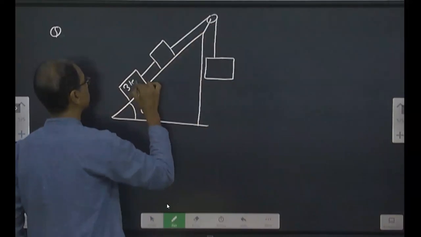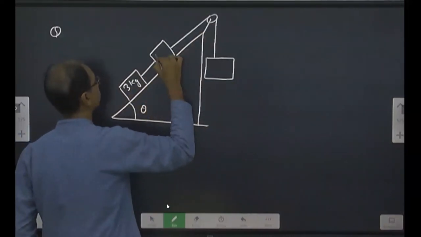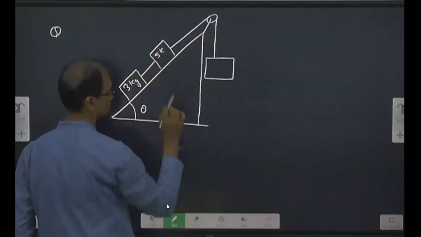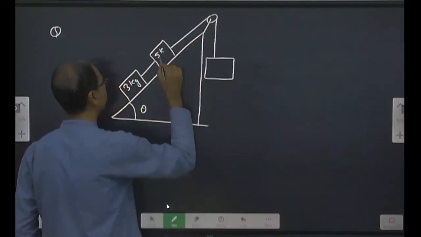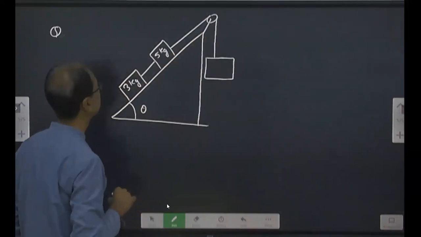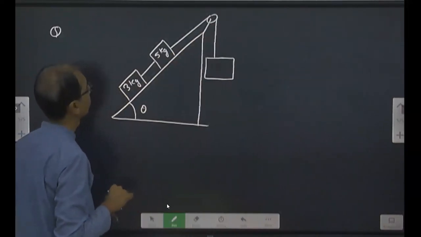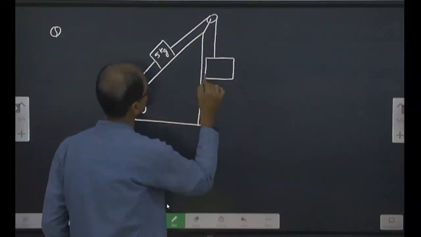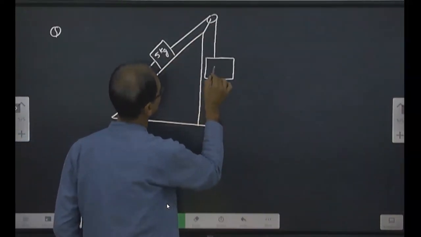Let's say this is 3 kg, this is 5 kg, and what shall I take? 8 kg.